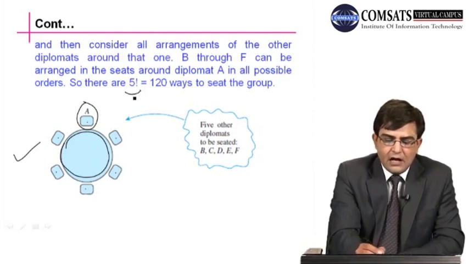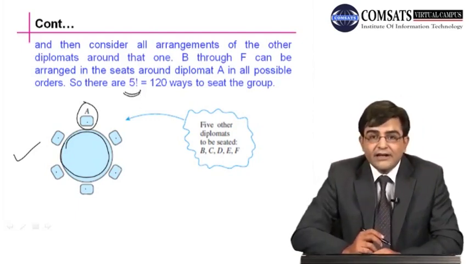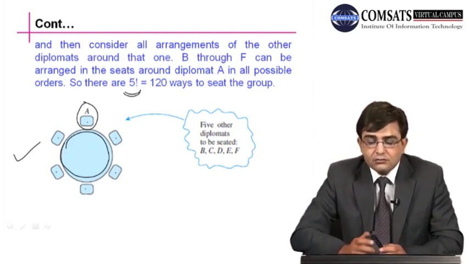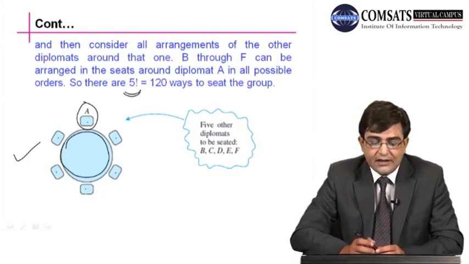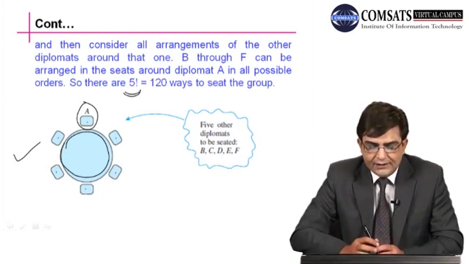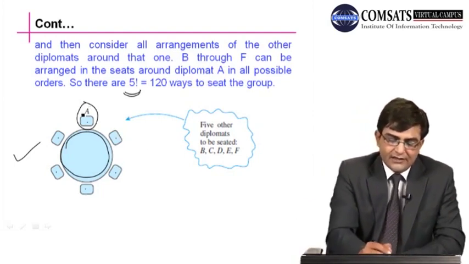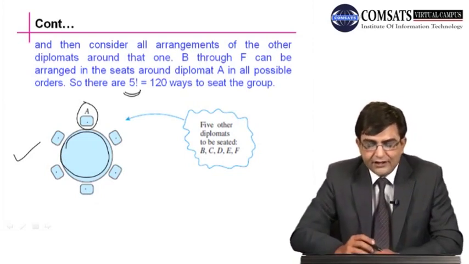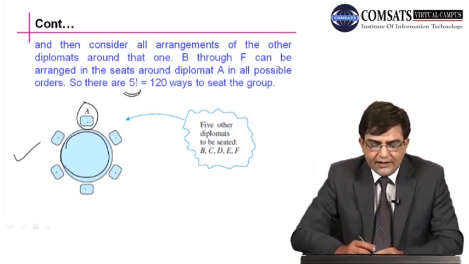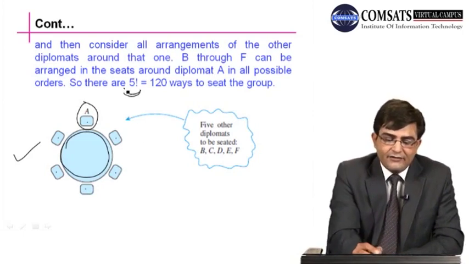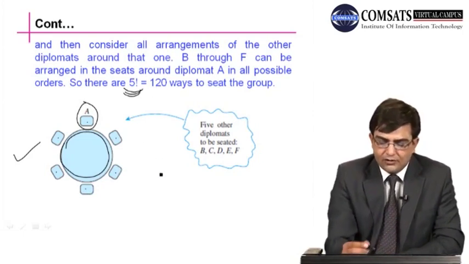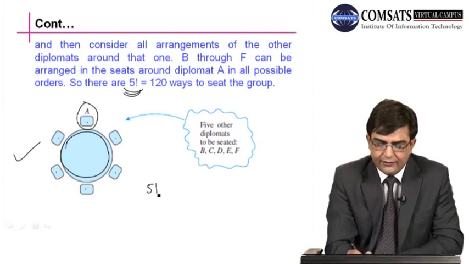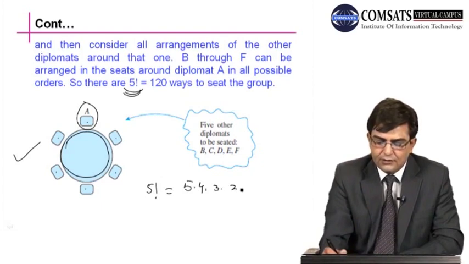That is the number of ways these diplomats can sit around the circle relative to A, because we have to fix a starting point, and the other seating arrangements are relative to A. So one is fixed, the remaining are 5 diplomats. Therefore there are 5 factorial, which is 120, because 5 factorial is equal to 5 into 4 into 3 into 2 into 1.